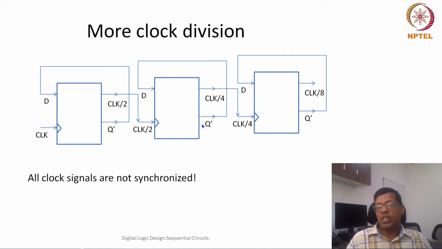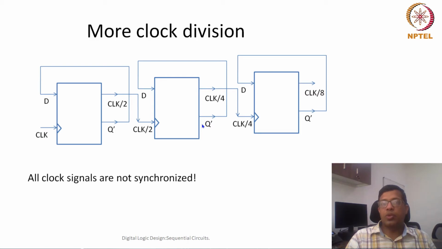So we'll try to see some other mechanism to make a clock division which is synchronous in nature and which can still be efficient, using these flip-flops, D flip-flop or JK flip-flop, etc. Okay, so this is how we can do clock division.